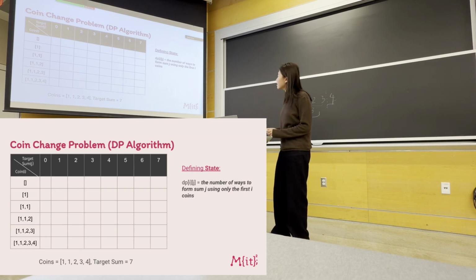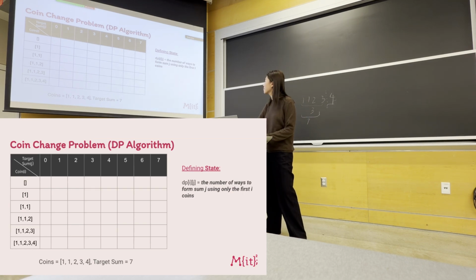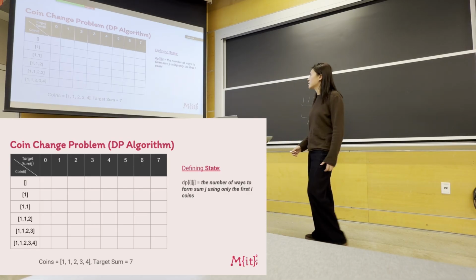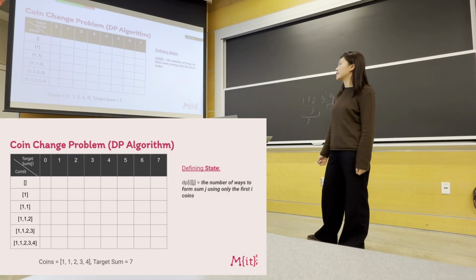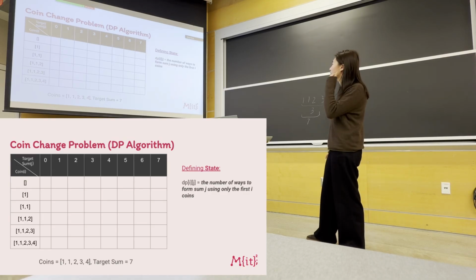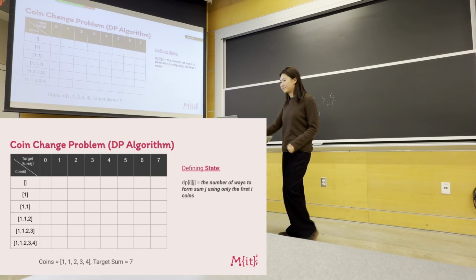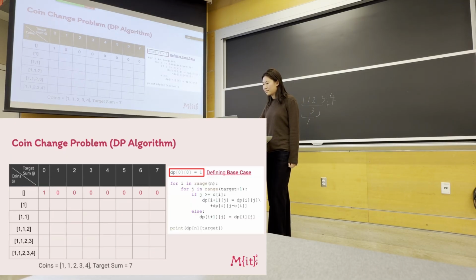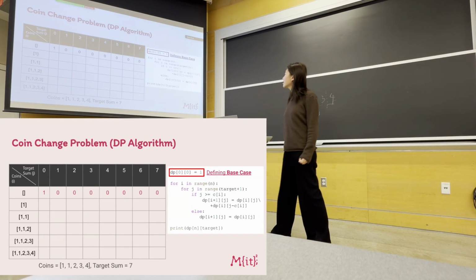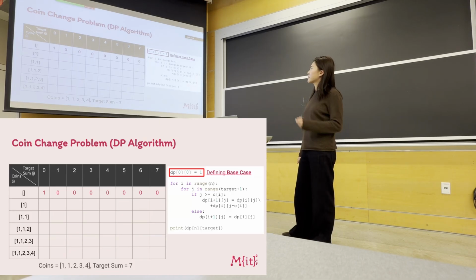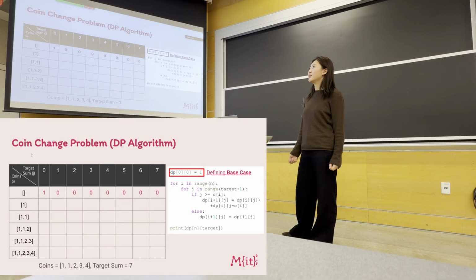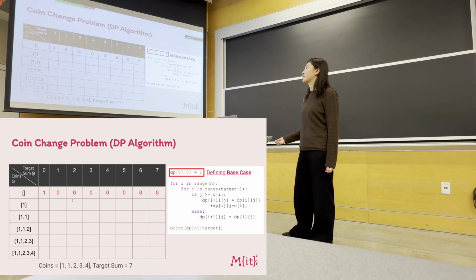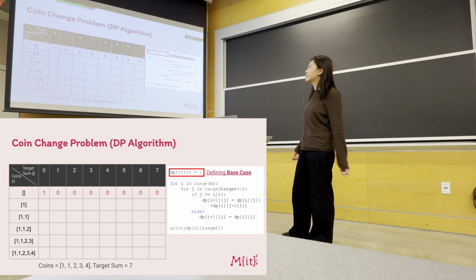And there is a very detailed table that runs through the algorithm. And again, we try to define the state for the DP. In this case, the DP would be the number of ways to form some J using only the first I coins. And defining the base case, DP00 would be 1 because obviously to get the sum of 0 with no coins, there's only one way to make it.